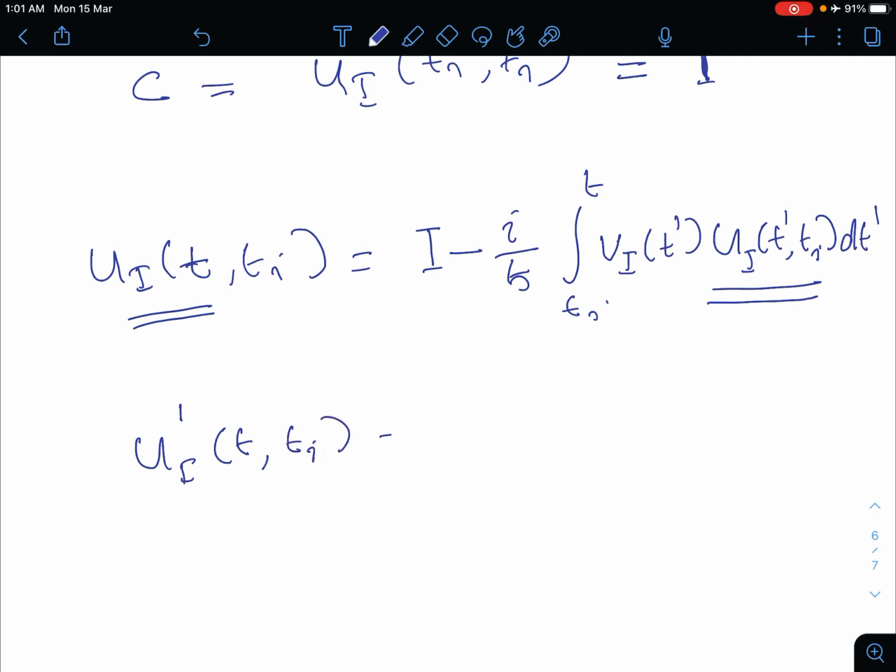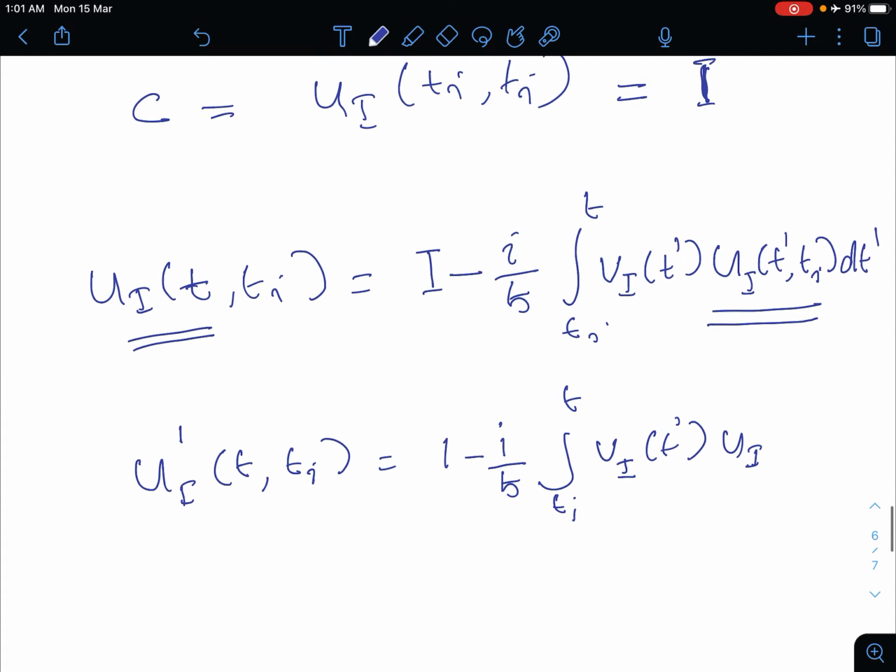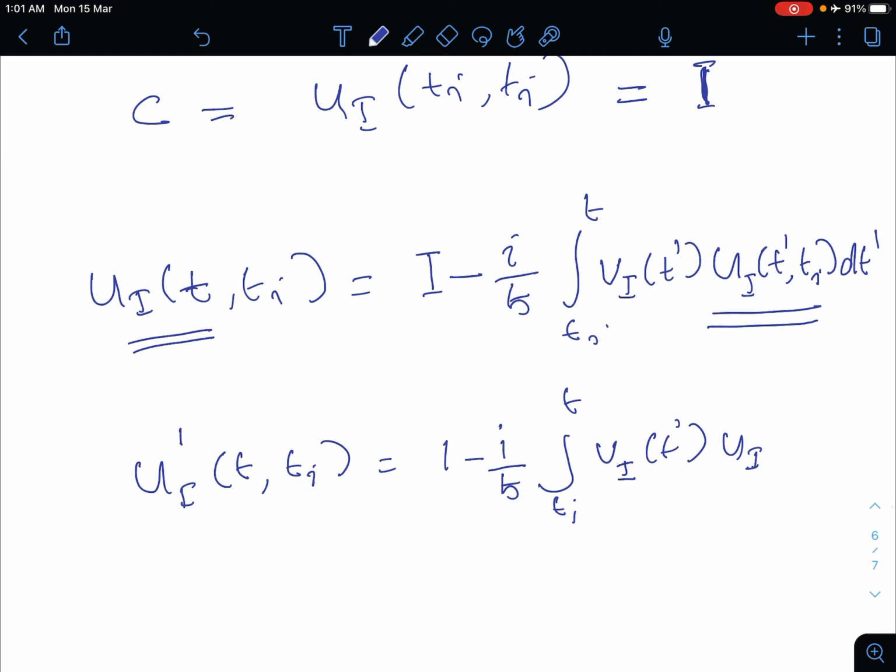ui of t, ti is equal to 1 minus i by h cross integral t1 to ti to t vi of t dash ui of... Okay, so here we approximate this ui, the first approximation.